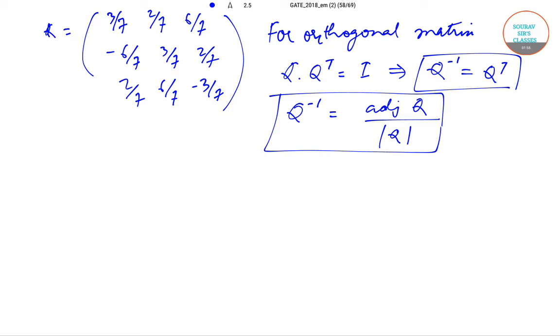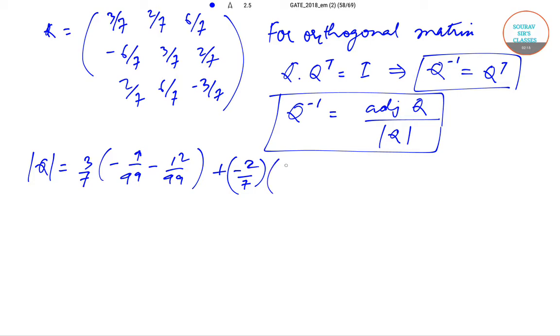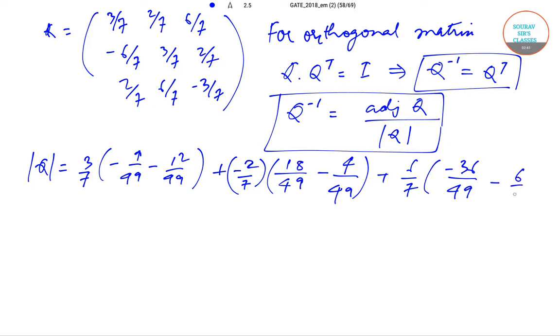Now first we'll try to find out the value of the determinant of the matrix Q. So the determinant of the matrix Q will be given by 3 by 7 into minus 9 by 49 minus 12 by 14, plus minus 2 by 7 into 18 by 49 minus 4 by 49, plus 6 by 7 into minus 36 by 49 minus 6 by 49.